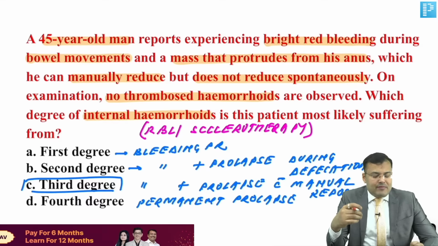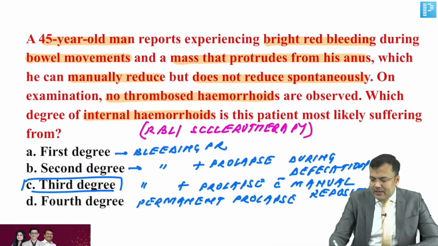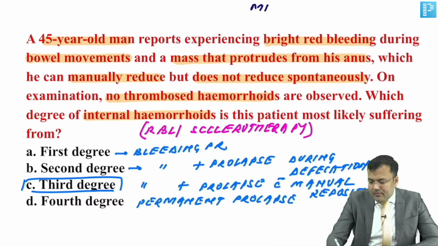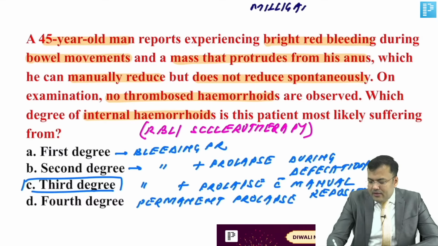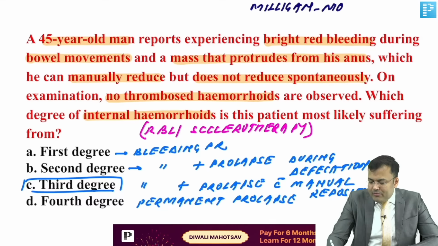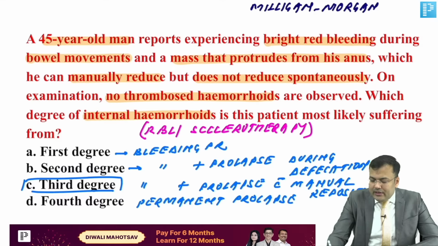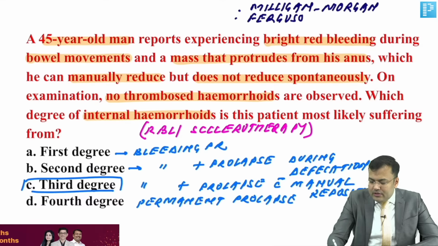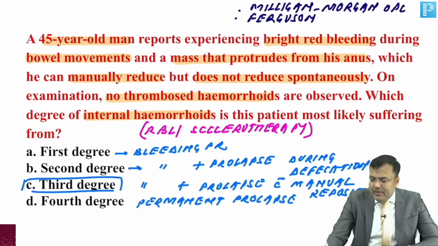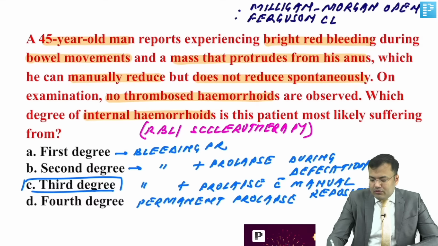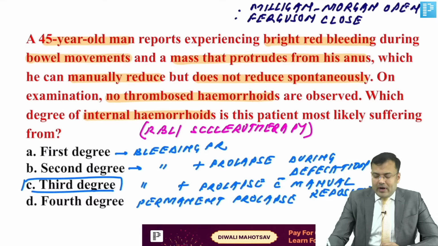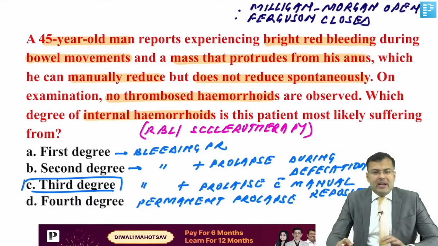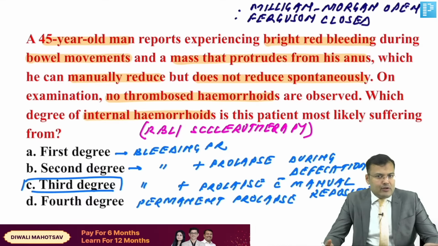And what are the types of hemorrhoidectomy, guys? There is Milligan-Morgan open hemorrhoidectomy, Ferguson closed hemorrhoidectomy, Whitehead submucosal hemorrhoidectomy and Longo stapler hemorrhoidectomy.